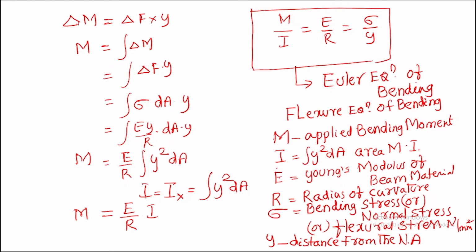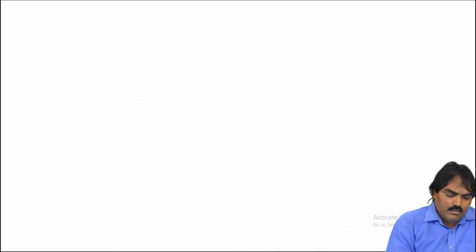So we can find the moment of inertia for a given cross section, and we can find the bending stress. Okay. So this is the Euler equation of bending. Now let us find out the bending stress distribution across the cross section of the beam. Okay. Next.